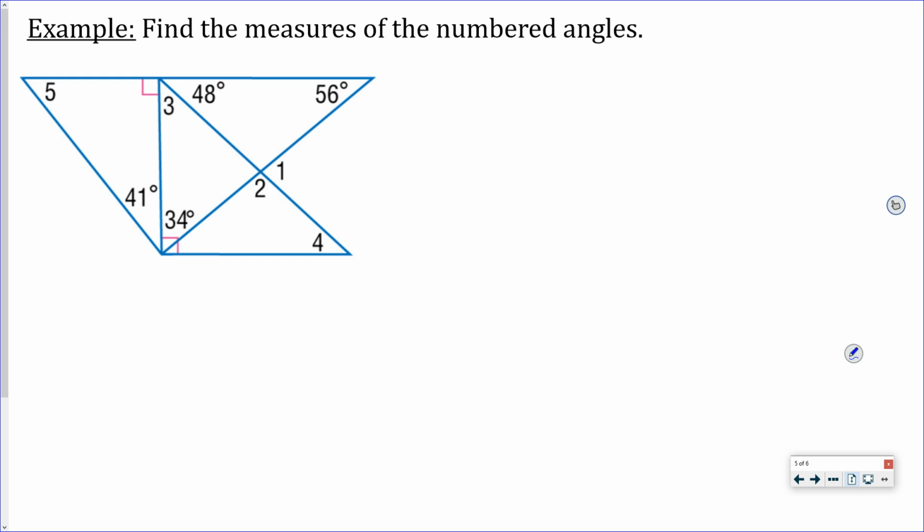You guys look like you're falling asleep. Okay, who wants to tell me which angle they found first? Not everybody at once. Sheesh.